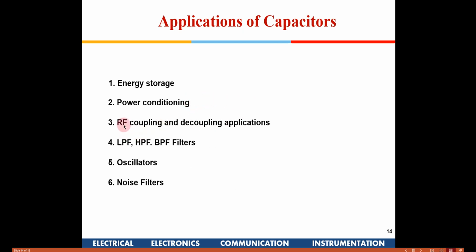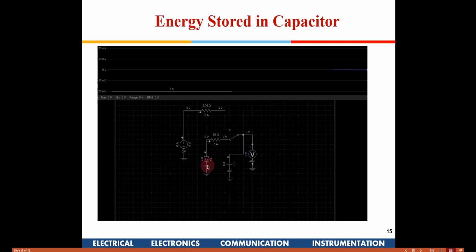We also use capacitors for RF coupling and decoupling applications, low pass and high pass filters, oscillators, and noise filters. These things presently you may not be able to appreciate, but once we learn about AC circuits, I will try and cover them. So energy storage is clear. Power conditioning, I am going to demonstrate it to you. This is one small video.